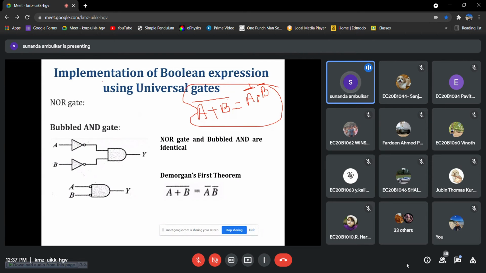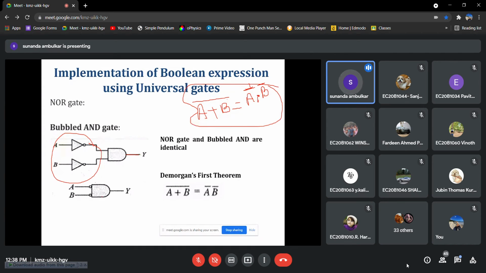Okay, so if the inputs of the AND are complemented, the output of that AND will be equivalent to the NOR operation. Whatever the output of the NOR gate is, it will be the same.